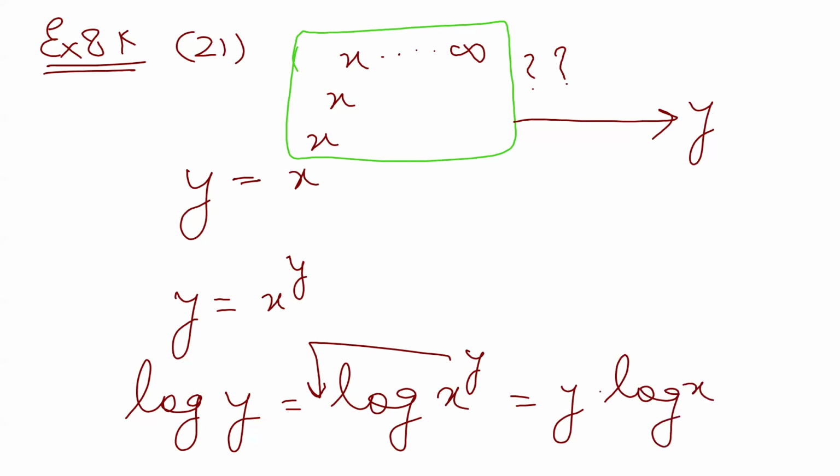Once we are done with this, we'll differentiate this further with respect to x. The left hand side derivative with respect to x is 1 upon y dy by dx, along with the chain rule.